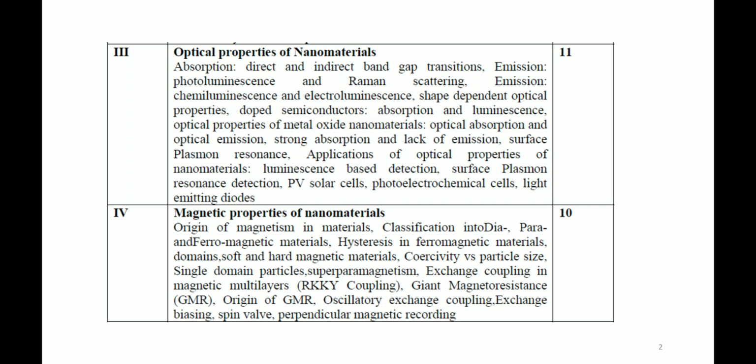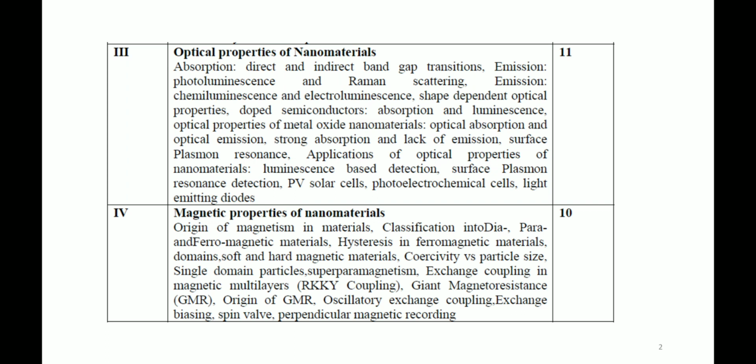Which factors are going to decide whether the material will remain in a magnetic state or a non-magnetic state. Then depending upon the strength of magnetism, there are different classifications of material, that is diamagnetic, paramagnetic and ferromagnetic materials.